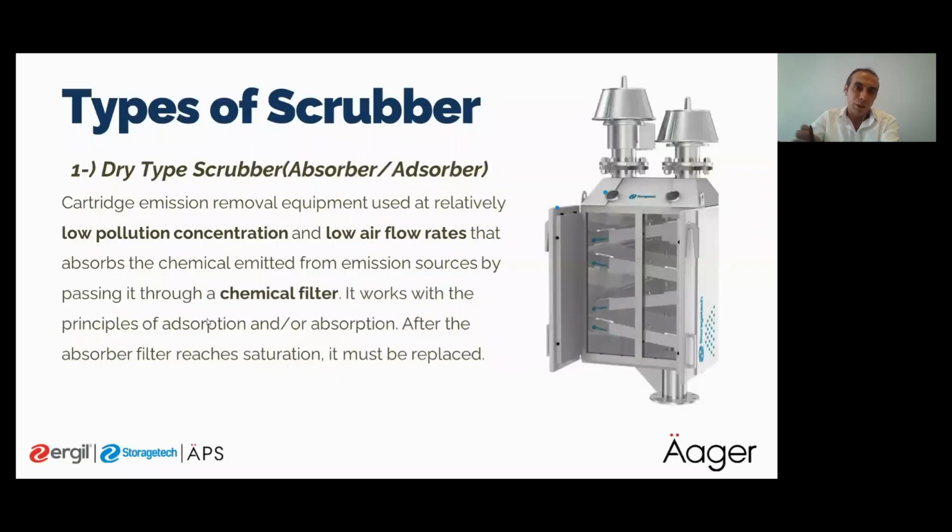The types of scrubber. Mainly, we have three types of scrubber. First, the dry scrubber, also called an absorber or adsorber. In this one, we have a cartridge system. It's a chemical inside the cartridge. It's a dry one.